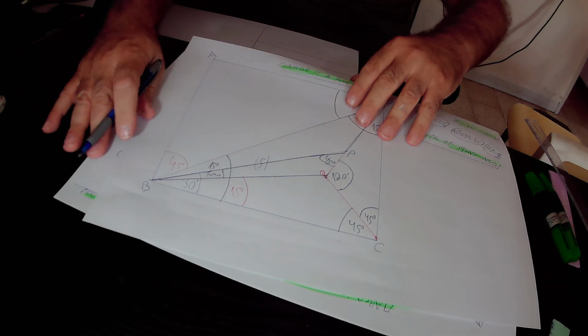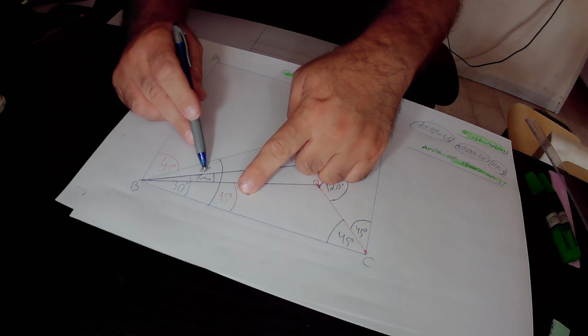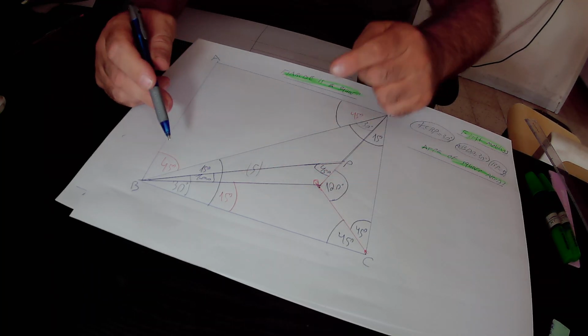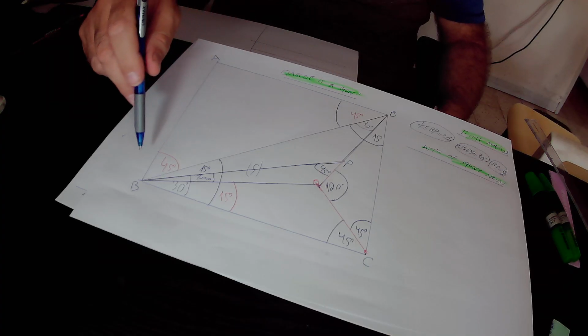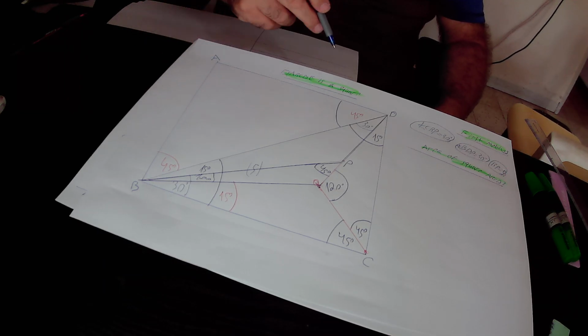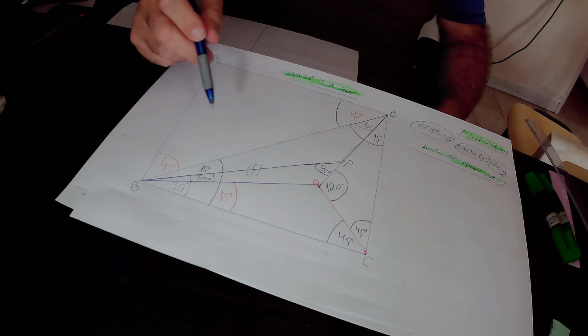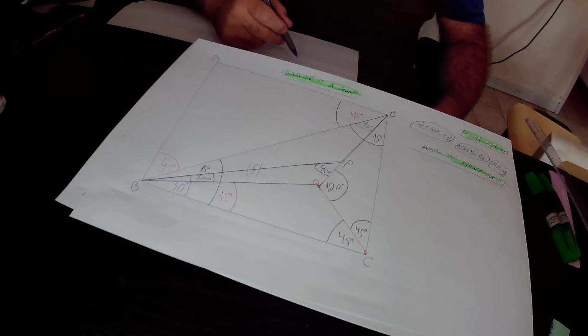So actually, those two angles are both equal to 15 degrees and therefore they are equal to each other. So actually this angle QBC is equal to this angle, which is actually angle QBP.